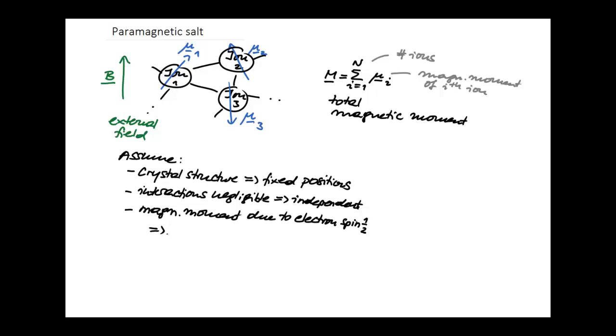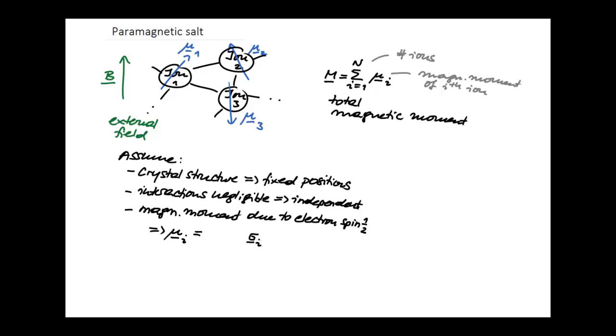This means that we can write the elementary magnetic moment of the ith ion. We can relate that to the electron spin. Now the electron spin, the operator for the electron spin, is 1/2 times the Pauli operator, the Pauli matrix. So we can write this as some prefactor times the Pauli matrix.